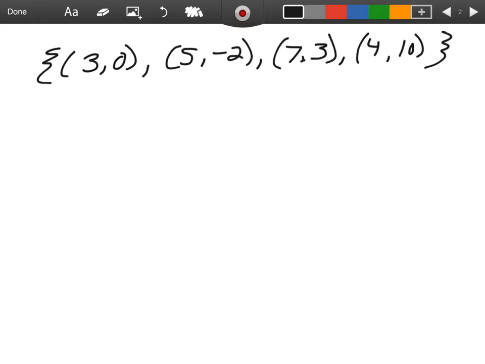So yes, it's a function. Then we also look to see if there's any element of the range that is corresponding to more than one element of the domain. If that's the case, it would not be a one-to-one function. In this case, everything's one-to-one, so this is a one-to-one function. I'm going to use 1-1 as a shortened way of saying one-to-one. Let's do another example.